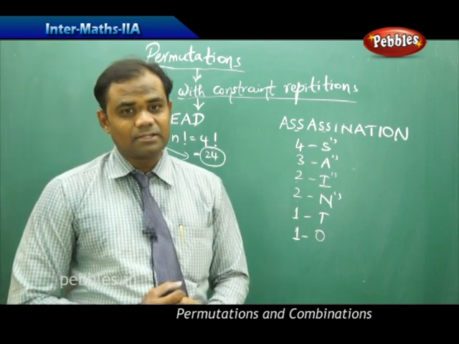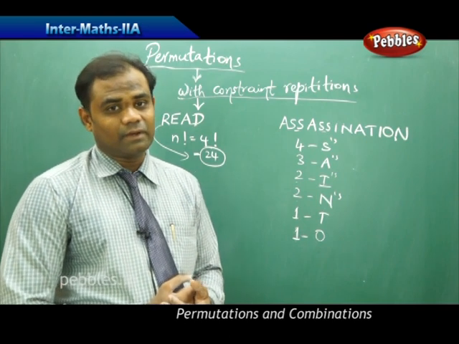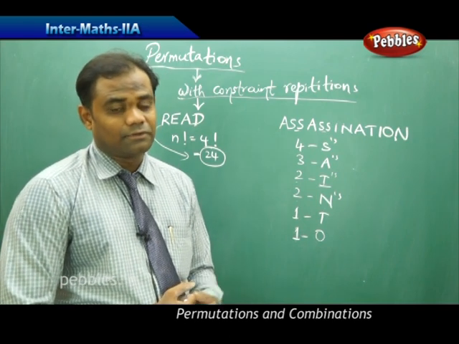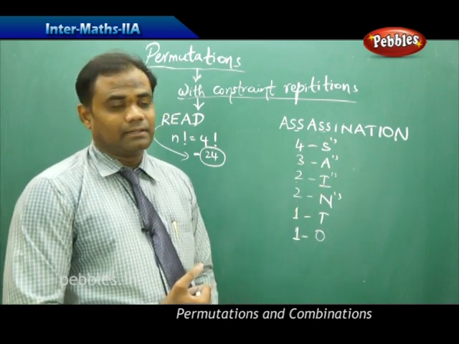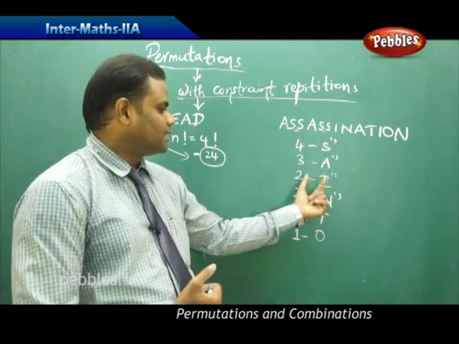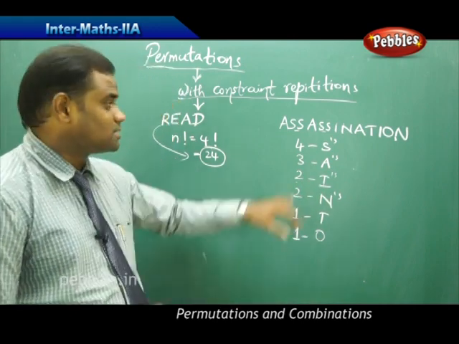So if you have n dissimilar things, we can use the formula nPr, but if you don't have n dissimilar things, that is, if you have a combination of like and unlike things, so all these are likes, and this is unlike, then there are some similar things.